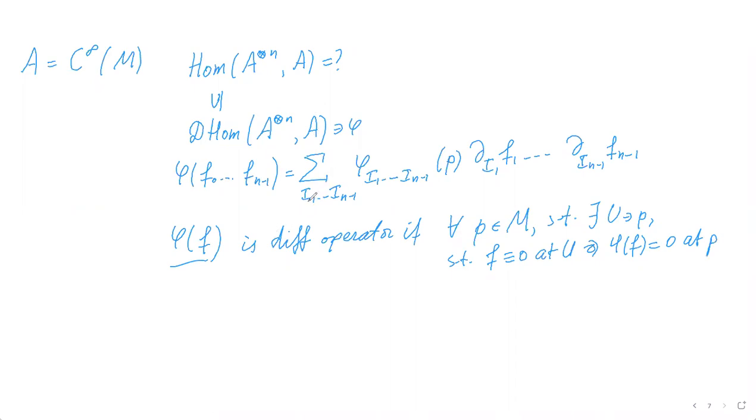But for our purposes, it's enough to see that when you take a polydifferential operator of this sort, so let phi be a polydifferential operator, then delta of phi will again be a polydifferential operator of a bit higher degree, I mean degree in terms of the number of arguments it has.